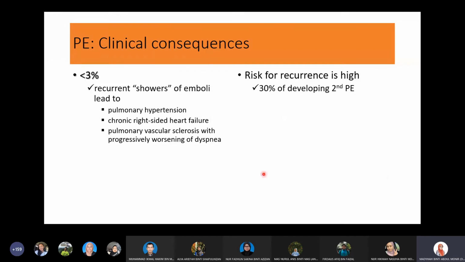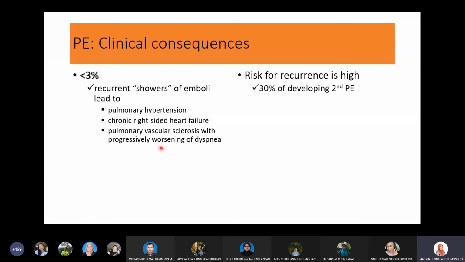And in less than 3%, when there are recurrent showers of emboli, so there are multiple emboli that recur multiple times, this will lead to pulmonary hypertension, chronic right-sided heart failure, and the patient can also have pulmonary vascular sclerosis, and will usually have progressively worsening dyspnea or shortness of breath.